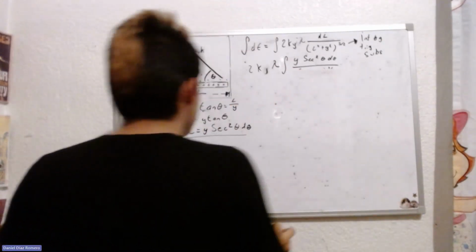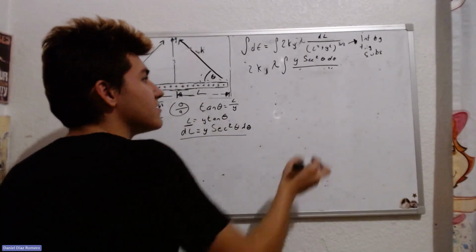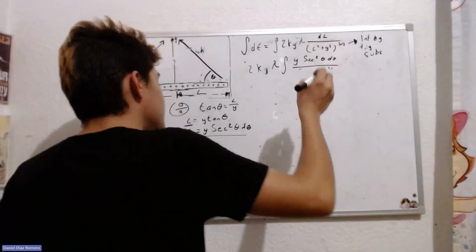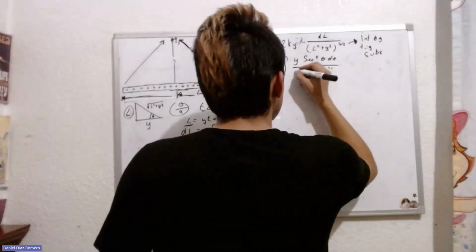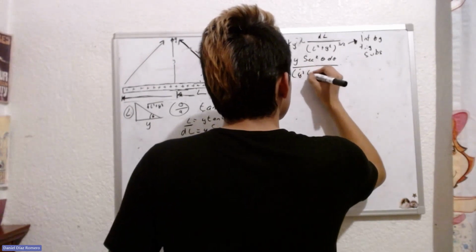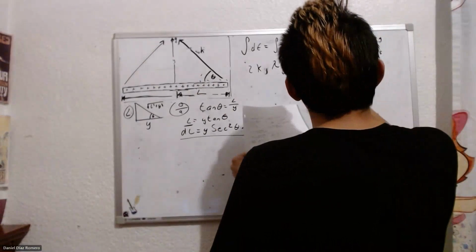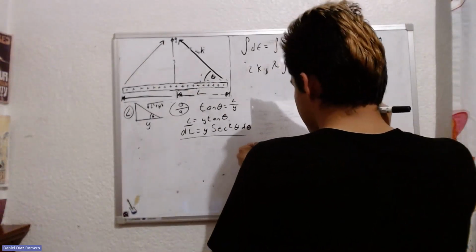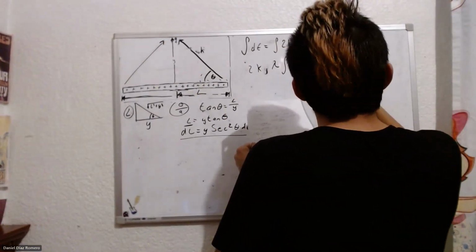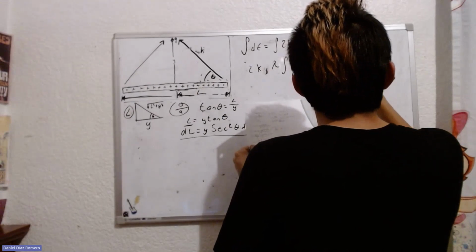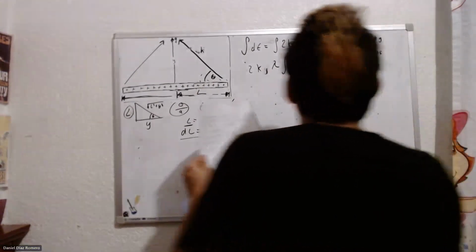As you may have seen, we already took this component, but you have to remember that it's squared. So it would be the same as y squared tangent squared of theta plus y squared, and all of that to the 3/2.